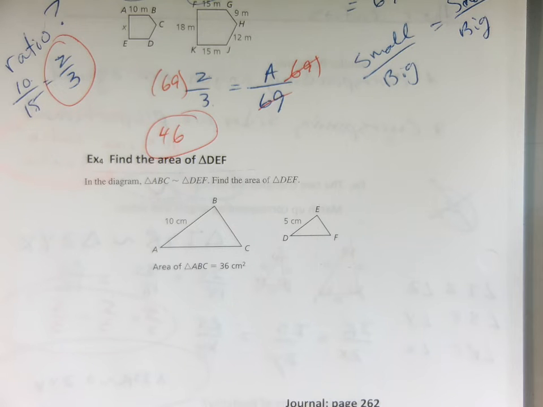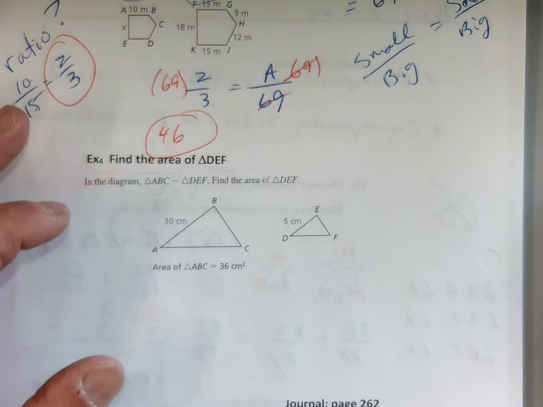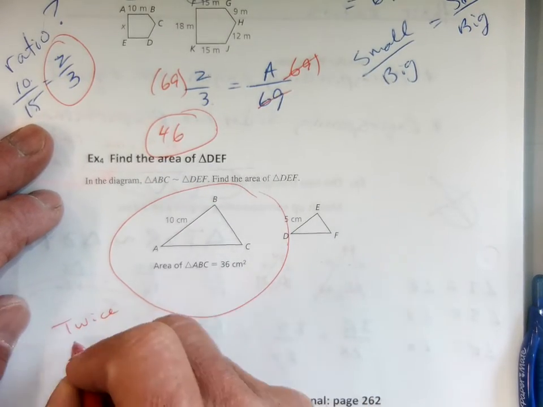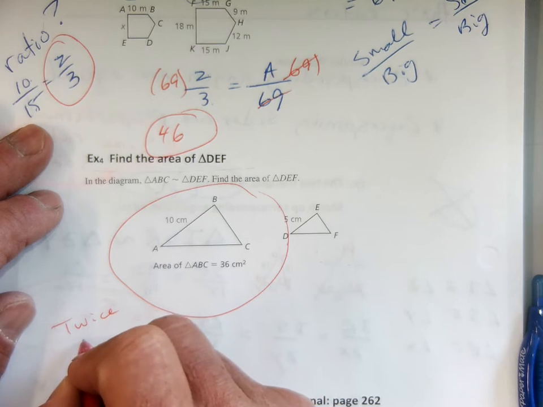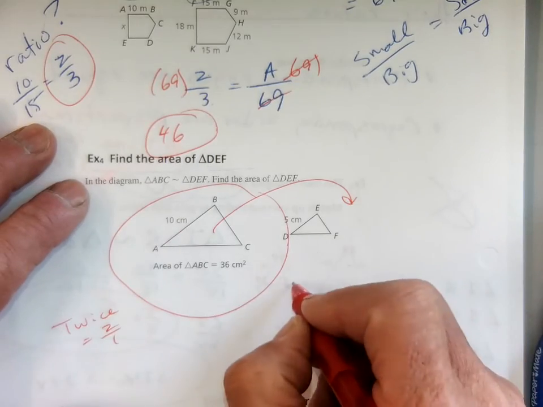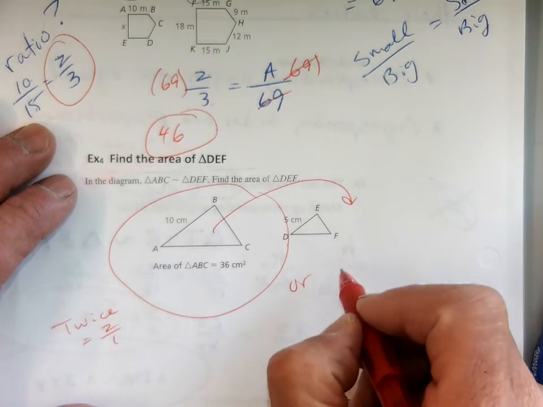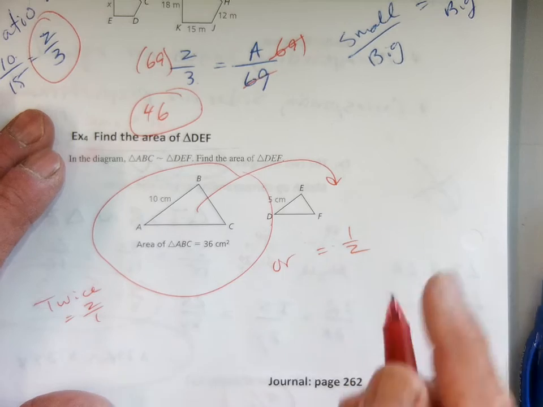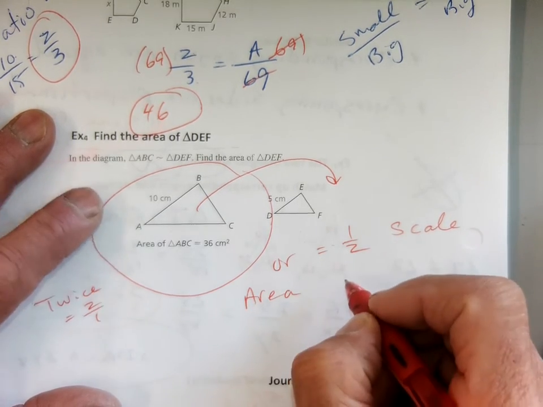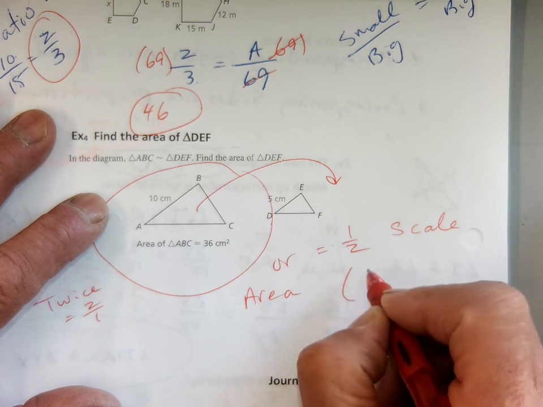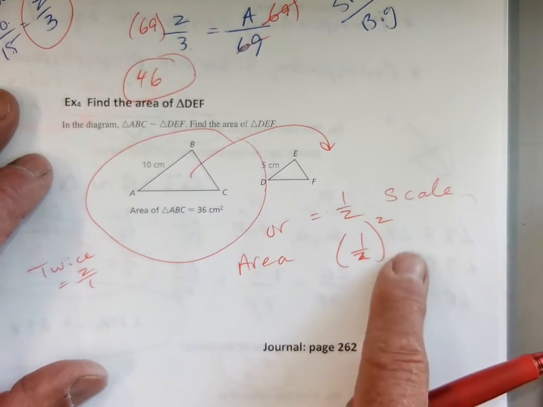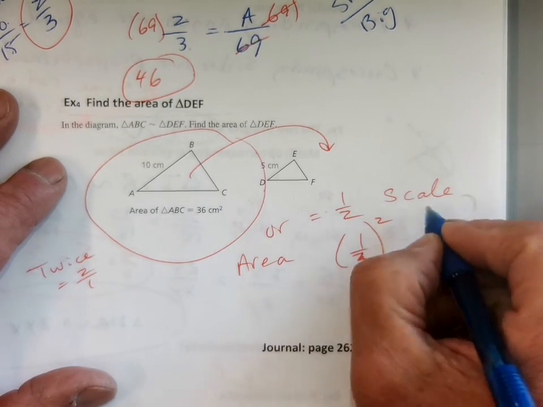So I do know that this triangle here is twice. The ratio is 2 to 1 from here to here. Or, since we're going from big to small, it's going to be 1/2. Now the ratio is 1/2 for this scale, but the area has to be different. The area is going to be actually 1/4 because, watch this, I square my scale.